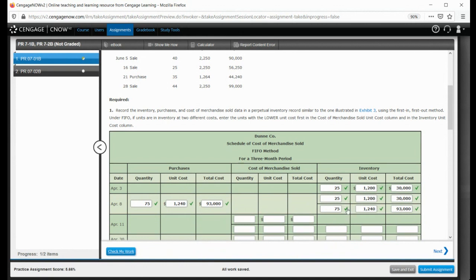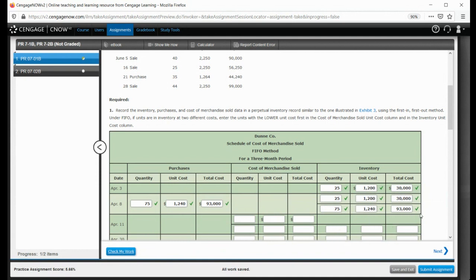So what you can see here is that there are two different layers of inventory now. They have different layers because this was the same type of inventory that we bought, but it has a different cost associated with it than the inventory had previously. So we have two layers of inventory with which to draw from.